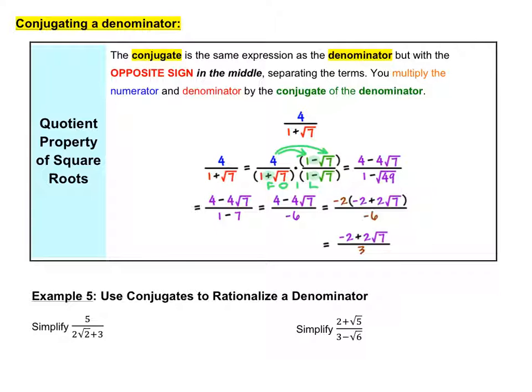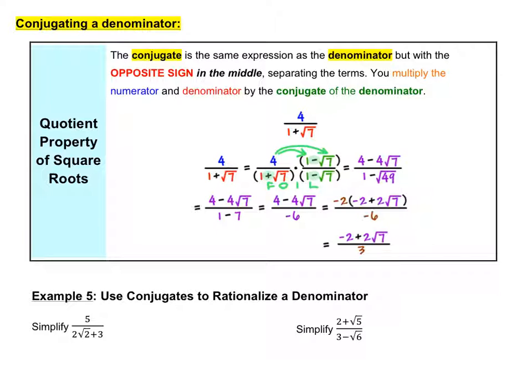By foiling, it looks a little bit like magic, we're going to get rid of those middle terms, so we're going to have only integers in the denominator, no more radicals, no more irrational numbers in the denominator. We do end up with 1 in the numerator, as you can see, but that's not a problem.